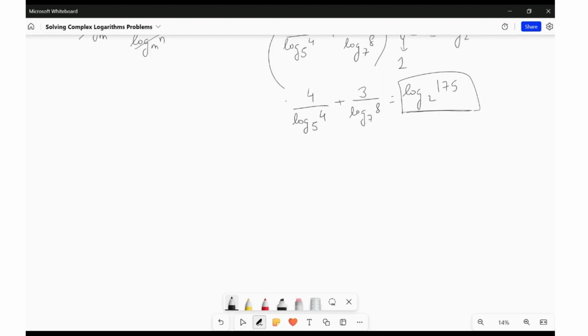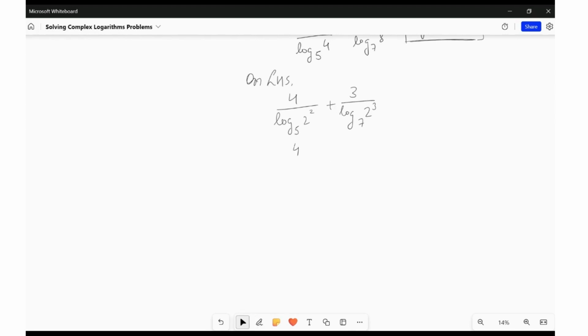So on LHS, 4 by log 2 squared base 5, we can write 4 in the form of 2 squared, plus 3 by log 2 cubed base 7.